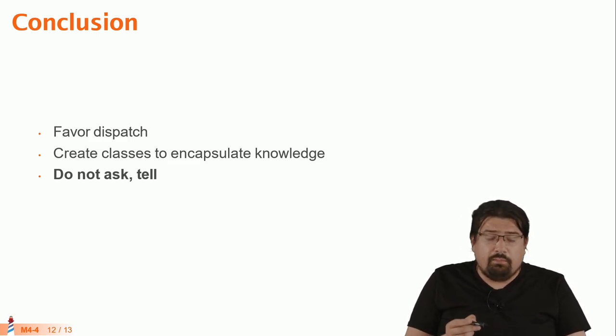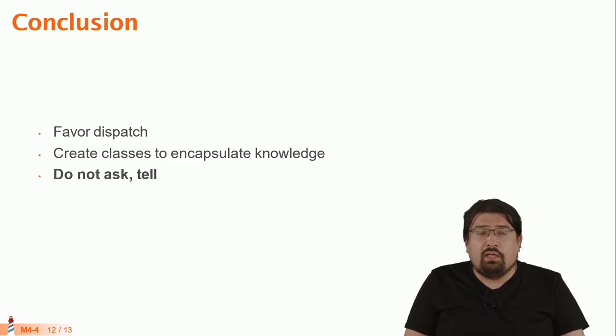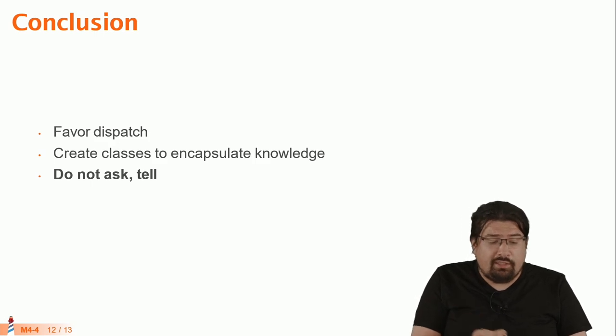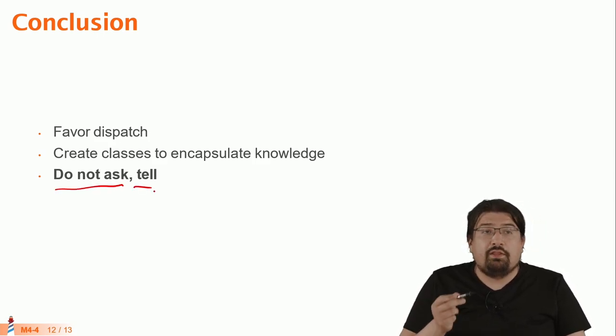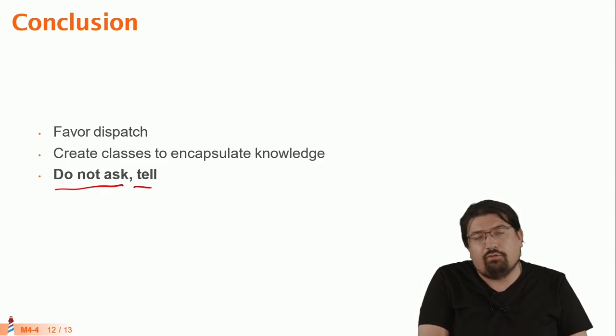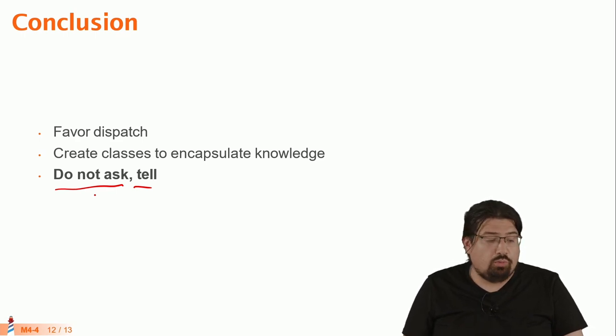And remember, because this is a mantra that justifies a lot of our design decisions and produces better code quality, do not ask, tell. Basically, delegate before using conditional code. Or if you want in the same order, do not use conditional code, delegate to other objects.